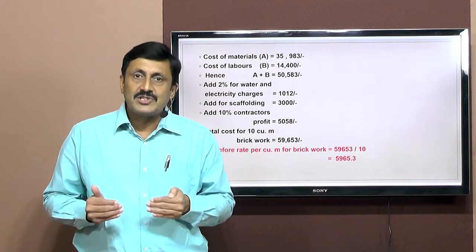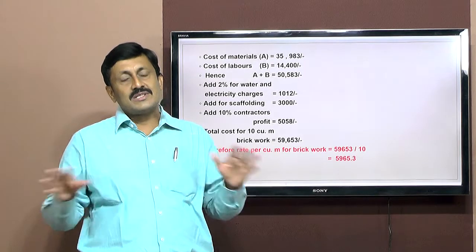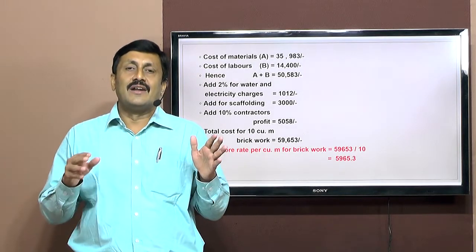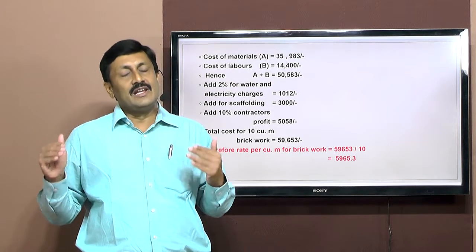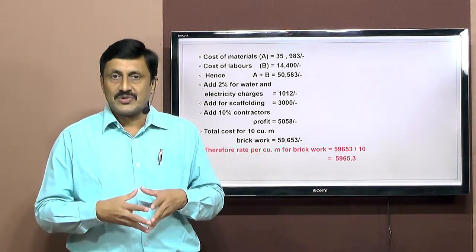Once you follow the procedure of rate analysis, then all the steps you have to remember, and it's very easy to determine rate per unit of any item of construction work.